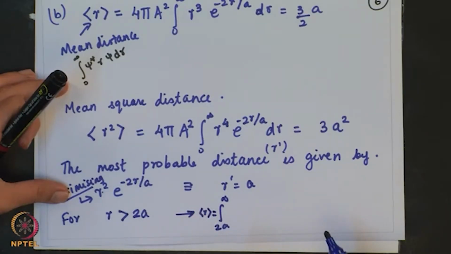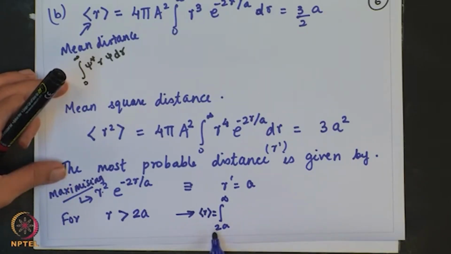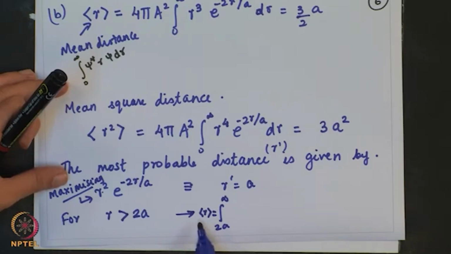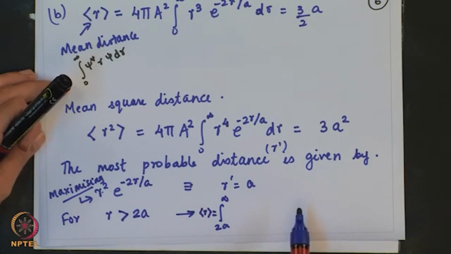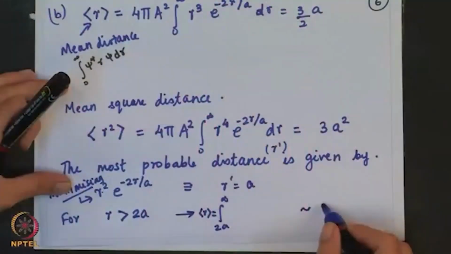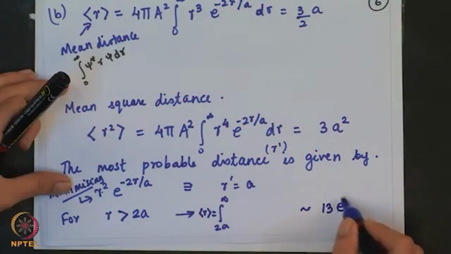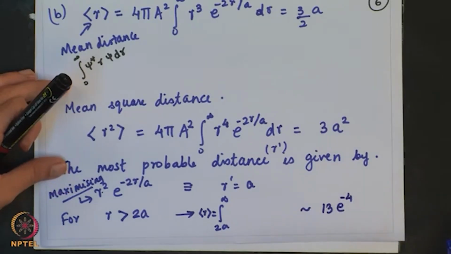Classically and quantum mechanically you have to evaluate. For quantum mechanically you will integrate from 2a to infinity for the expression, and it is very simple. So, this would come out to be something like 13 e raised to minus 4.